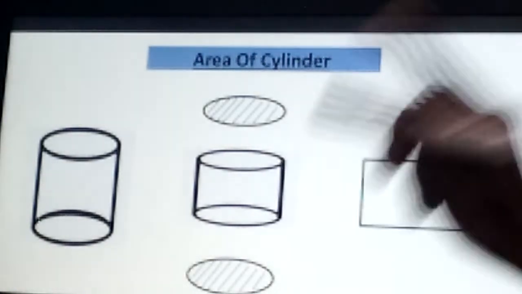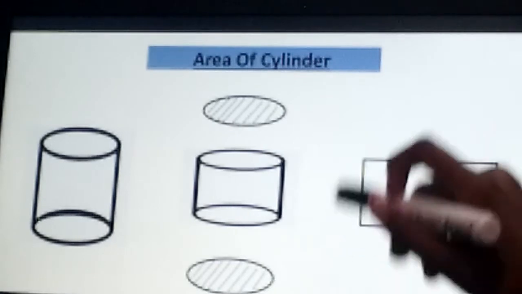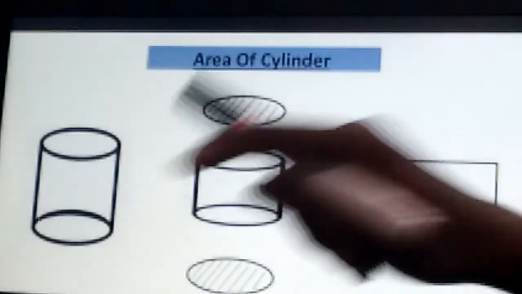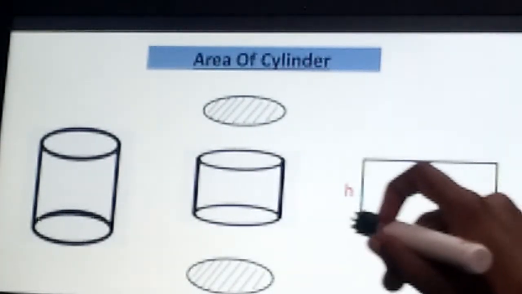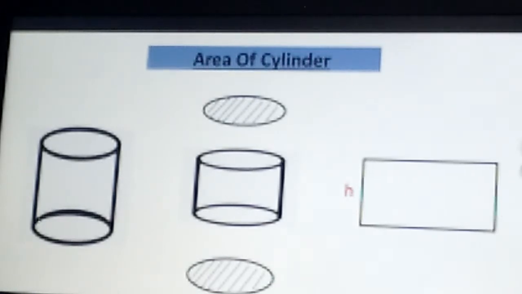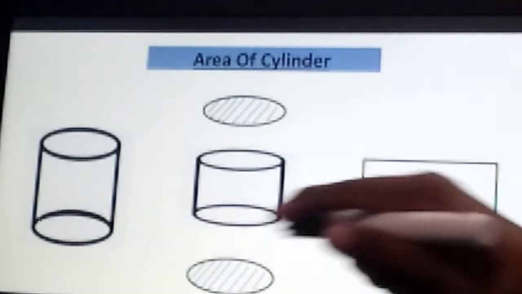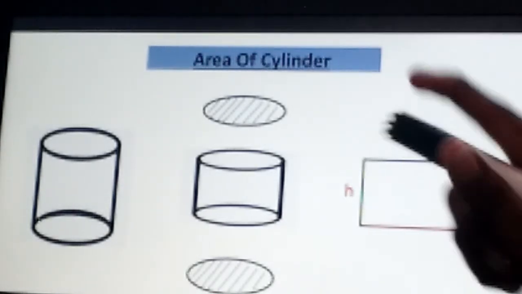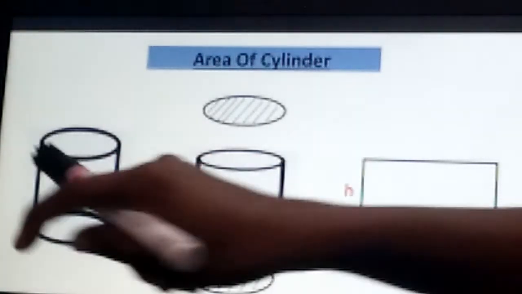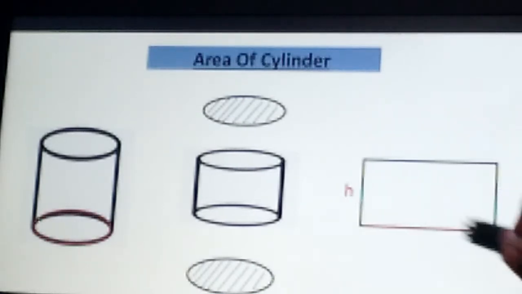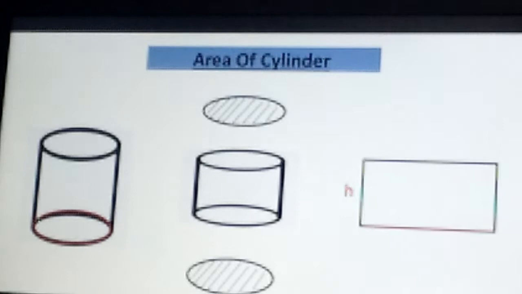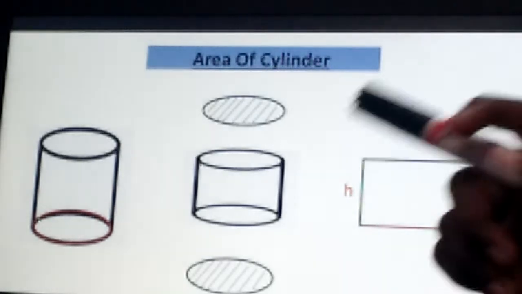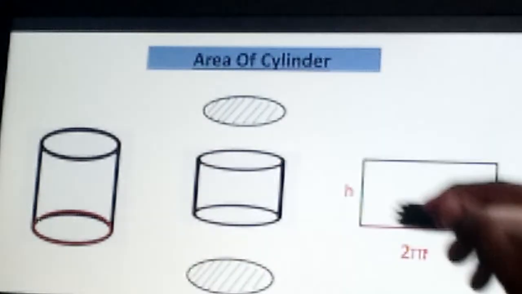Yes or no? So it is h. What about the length? Length is nothing but the circumference of the cylinder. Length is the circumference, and we know that the circumference of a circle is 2 pi r.